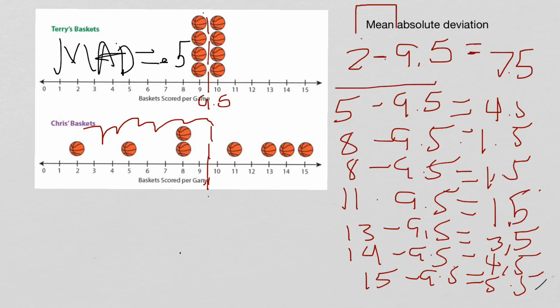Which gives us 30. And we're going to divide that by the total amount of numbers all the way up. So we have 1, 2, 3, 4, 5, 6, 7, 8. Divided by 8. And that gives us 3.75.